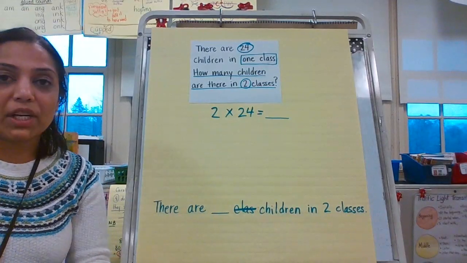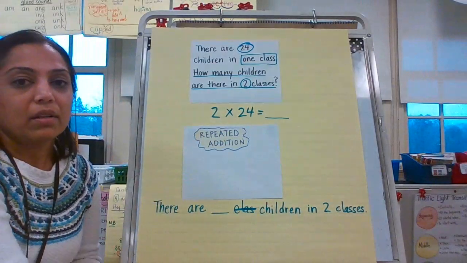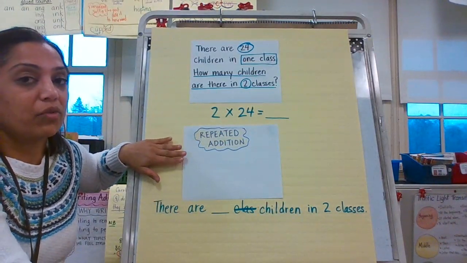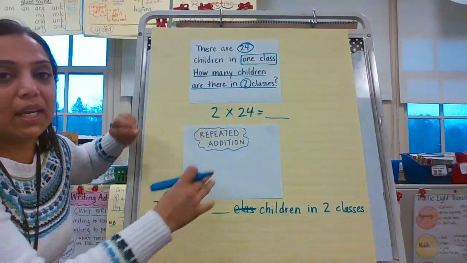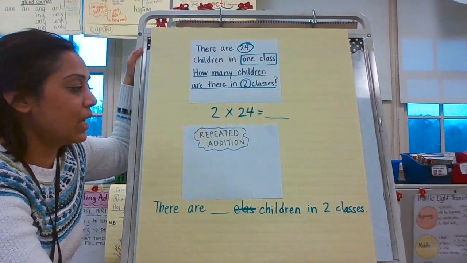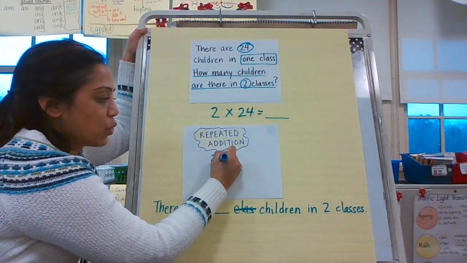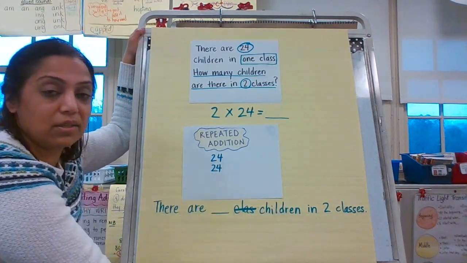Okay, so one of the strategies that we have learned is repeated addition. And that's where we actually started, right? We started with repeated addition, thinking about multiplication and how it's just repeatedly adding a number. In this case, we're taking 24 and adding it 2 times. Here's one class, and here's another class, two classes.